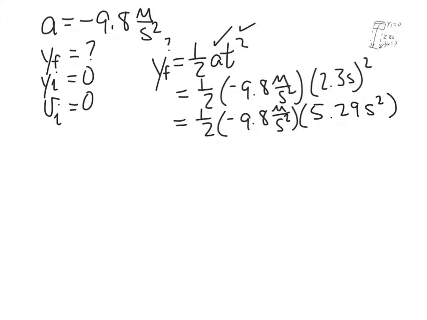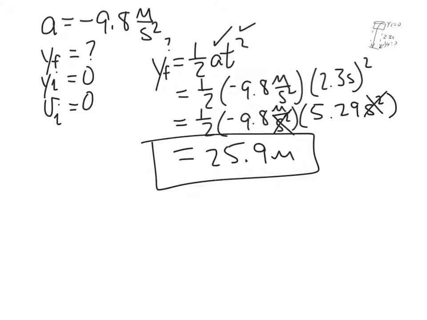The reason I did that, now you can see seconds will cancel with seconds, and we're just left with meters, which is equal to negative 25.9 meters. So this is your answer. The well is 25.9 meters deep.